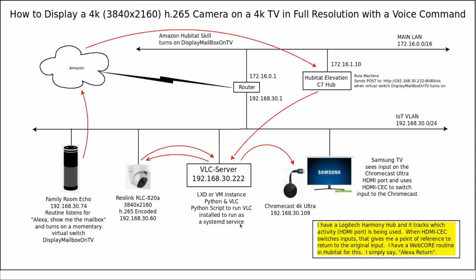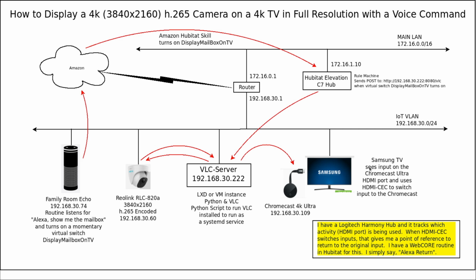And basically, the two pieces of software installed on this small LXD instance are Python and VLC, and probably this app altogether takes certainly less than a gig of memory, probably more like 700 or 800 megabytes of memory to run the Ubuntu LXD instance. So then the Samsung TV sees the input coming in from the VLC server after initiating the voice command.